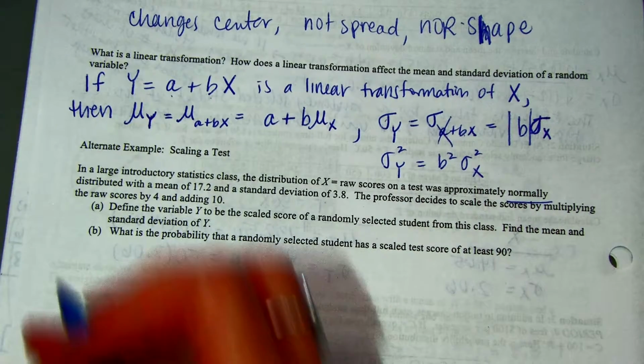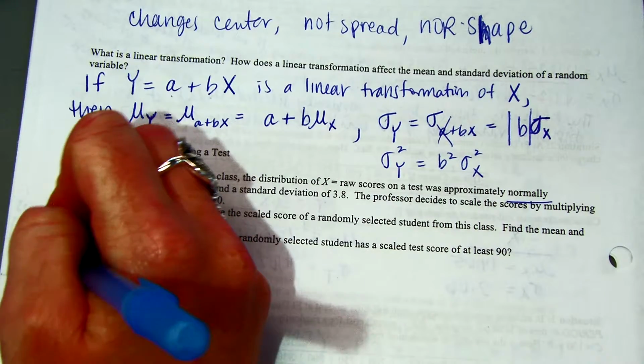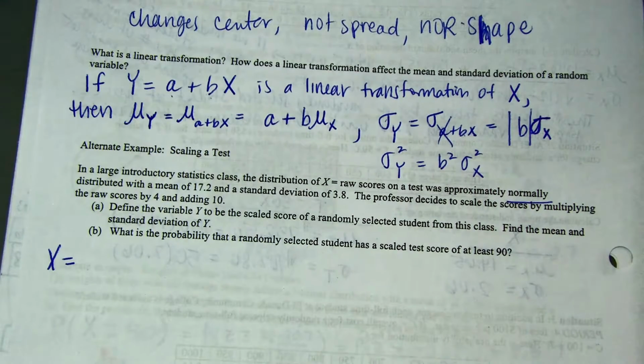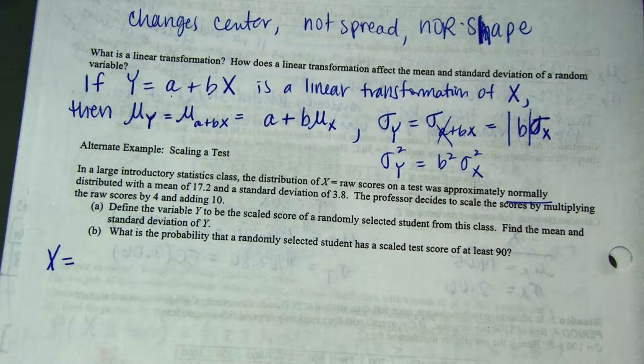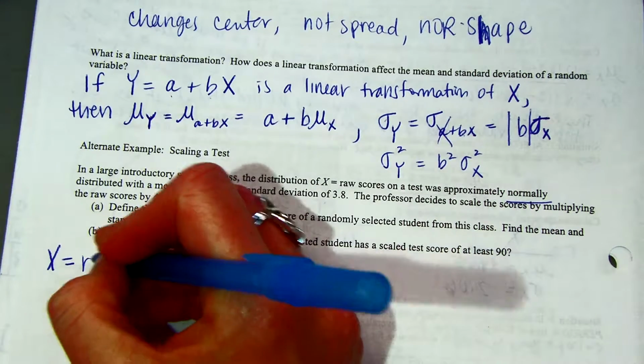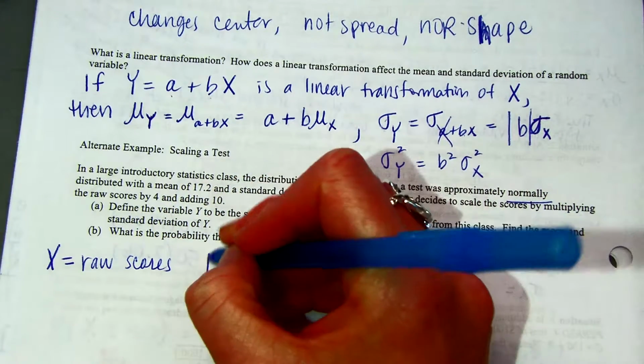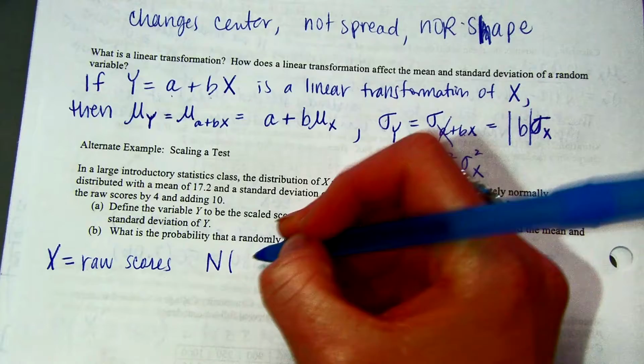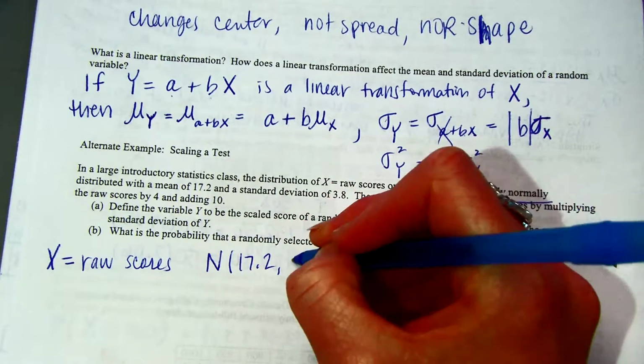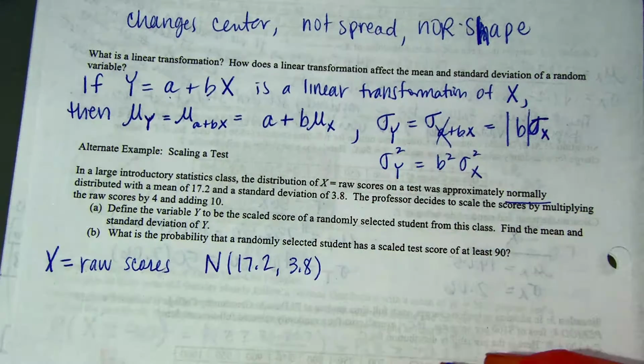Okay, so first I like to just write down what's going on in the situation. So X are the raw scores. And I'm being told that I have a normal distribution with a mean of 17.2 and a standard deviation of 3.8.